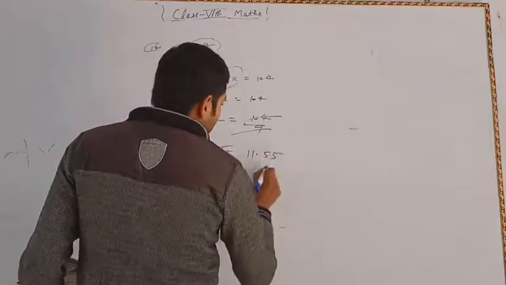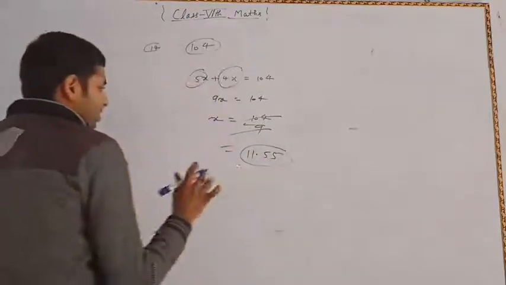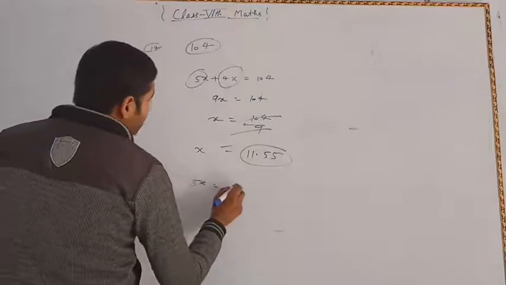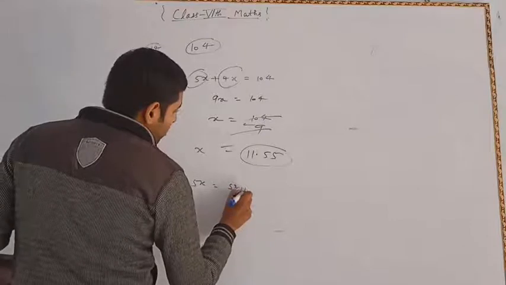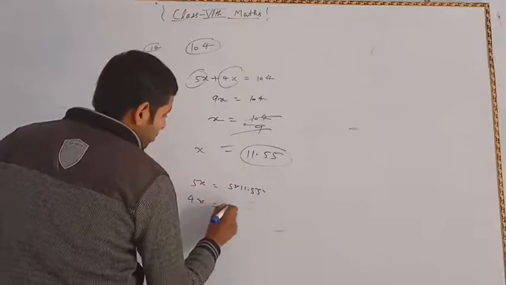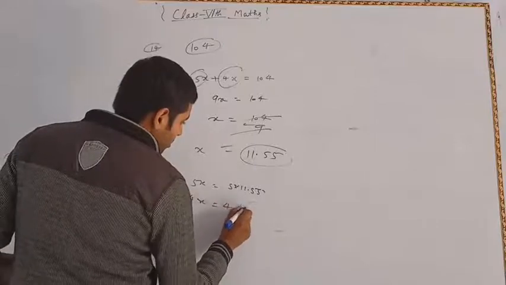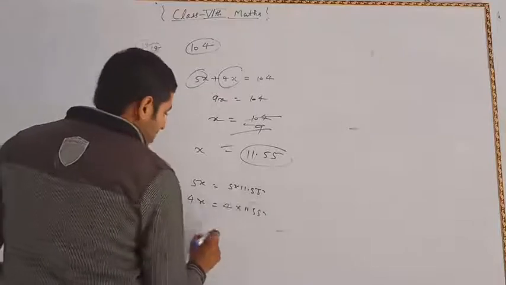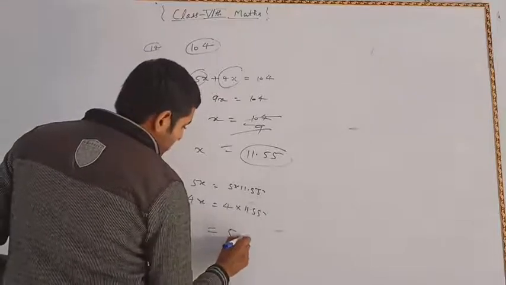Then 9 by 45. So x is 11.55. Then 5x is equal to 5 into 11.55 and 4x is equal to 4 into 11.55. Then the ratio also became 5:4.